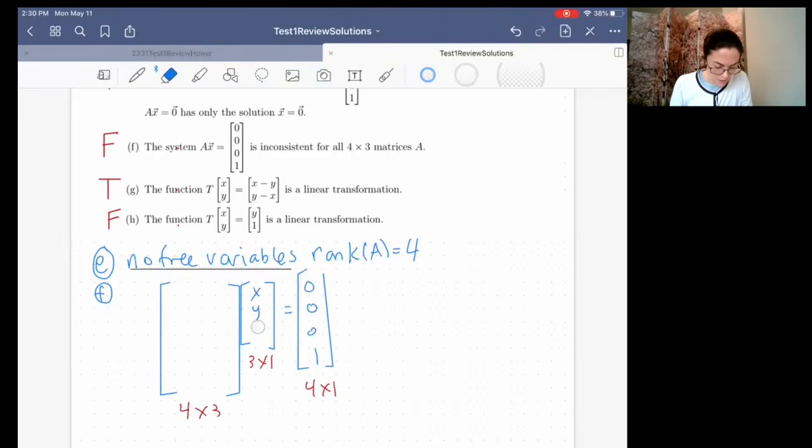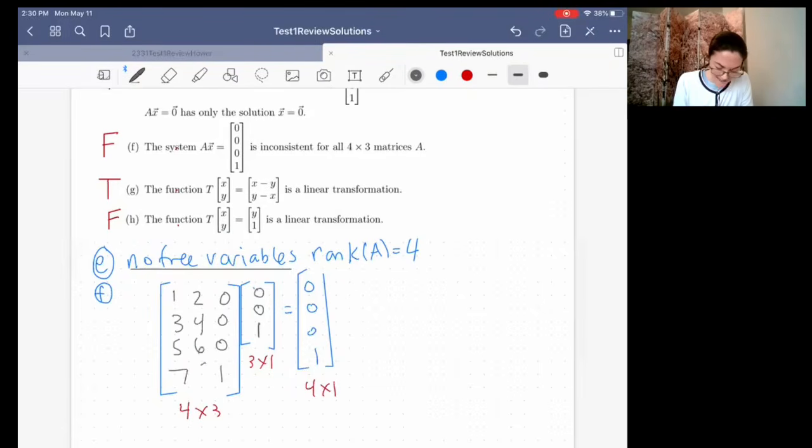So what can I do? I can just put, and then literally anything except this last column needs to be this. And then I can put anything in my first 2 columns. It really doesn't matter. So let's just do it. 1, 2, 3, 4, 5, 6, 7, 8. Okay? And then linear combination of columns, you have 0 times the first column, 0 times the second column, 1 times the third column.